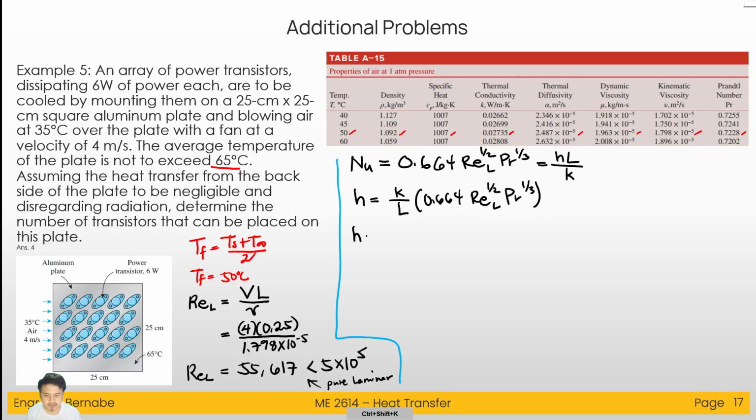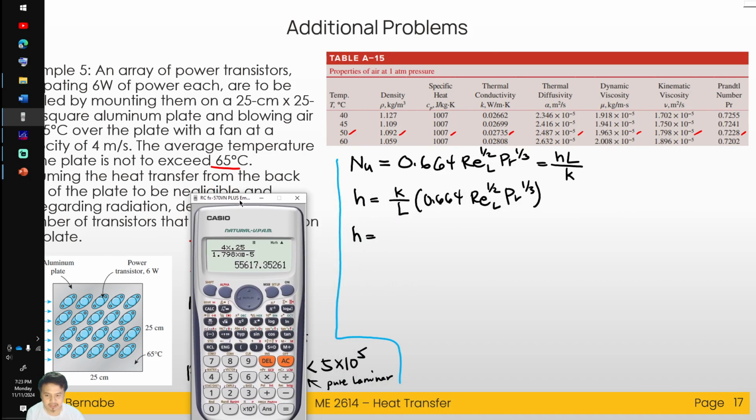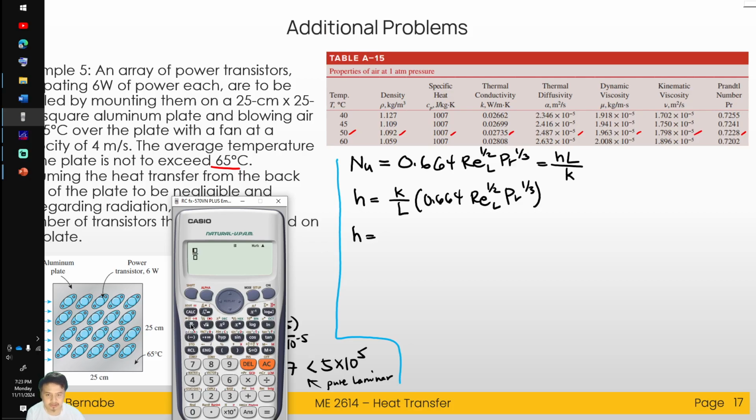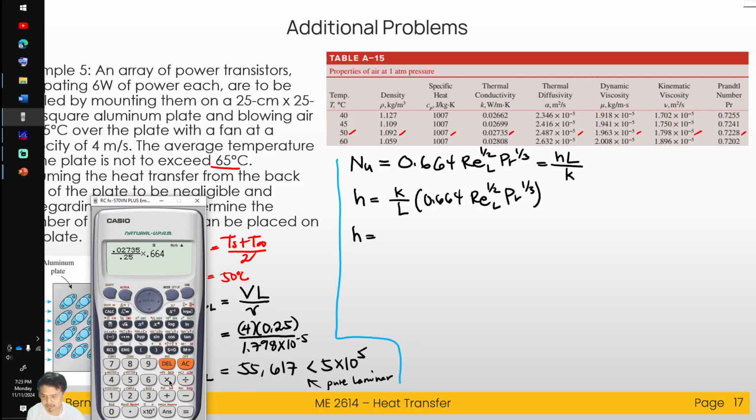So h here can be solved. I think we'll just solve this directly. K is the thermal conductivity, 0.027735, divided by L, which is 0.25, times 0.664, times the Reynolds number 55,617 raised to 1/2, times the Prandtl number 0.7228 raised to 1/3.